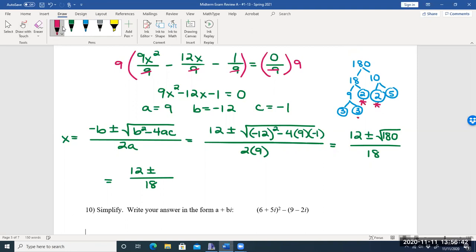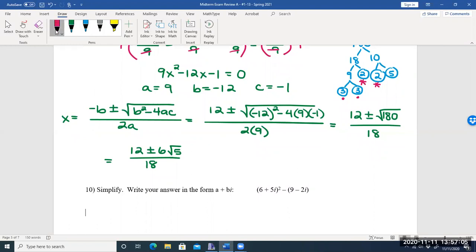And I've also got a pair of 3's, and so I can bring a 3 in front. So in front of my square root is going to be a 6. I multiply the 2 and the 3. And then under I'm going to have a 5, because I've got a little loner 5 that doesn't have a pair, or doesn't have a buddy to be with.